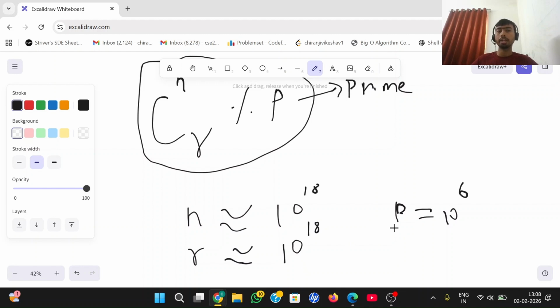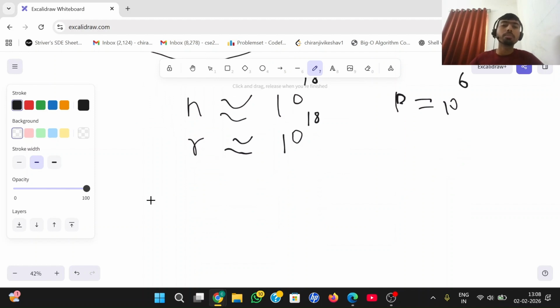Generally in the problem, if the n and r values are very large, then the value of p is generally given as small, not much large, but it can be a prime number or a non-prime. So in this lecture, I am going to teach you about the case where p is prime, and in another lecture, I will teach you about where p is a composite number. Okay.